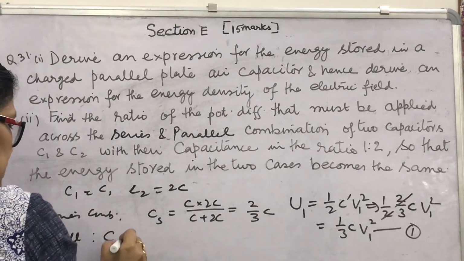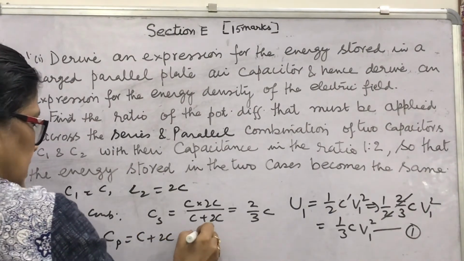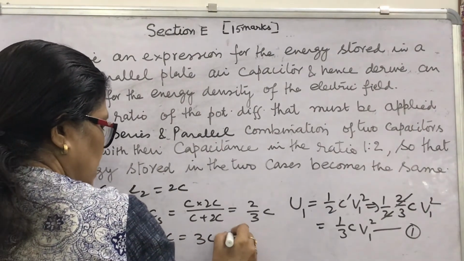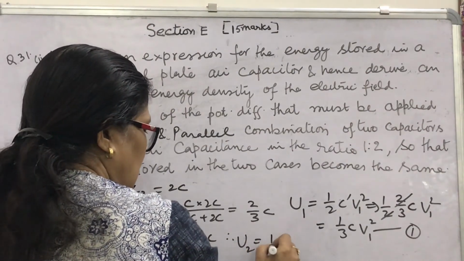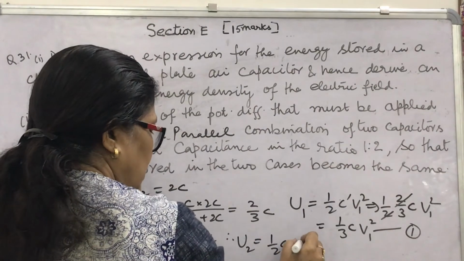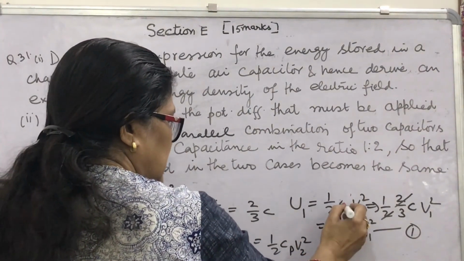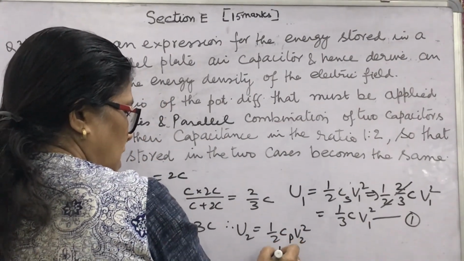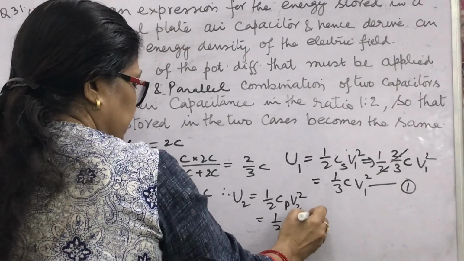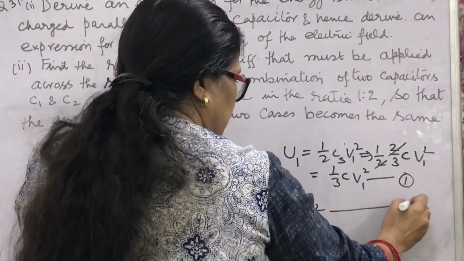This CP will be simply C plus 2C, that is 3C. Therefore the parallel combination energy, you will write half CP V2 square, let the potential be V2. Instead of C dash we have used CS. So here it is half 3C V2 square. This is expression number 2.